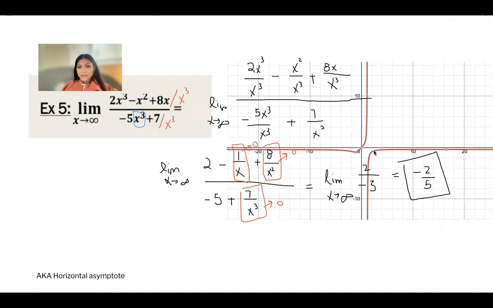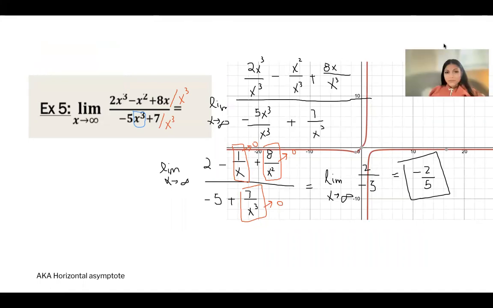As x goes increasingly to the right on the number line, I know it's hard to see, but if we were on Desmos and you were to zoom in, the y value, as x moves increasingly to the right, will approach the y value of negative 2 fifths. Notice that. It's really awesome. It's a nice application, and less work than long division too, if you know the principle of dominance and you apply it. So there's one more case to talk about, and it's an interesting one. Let me clear my screen.